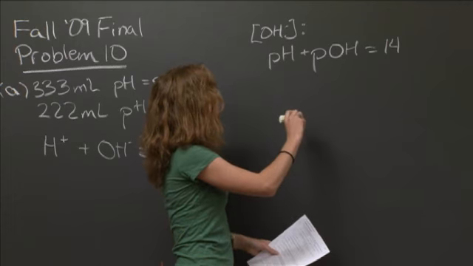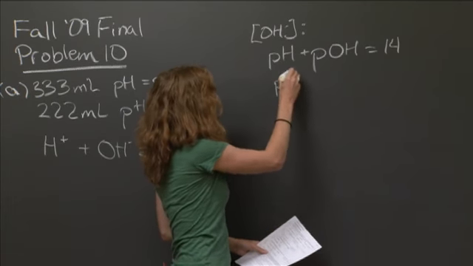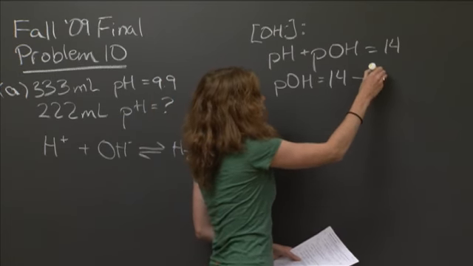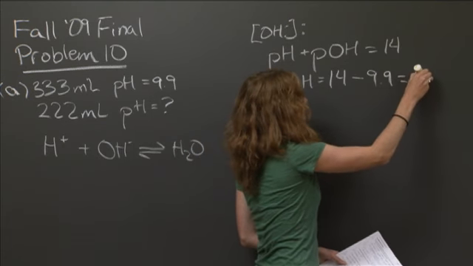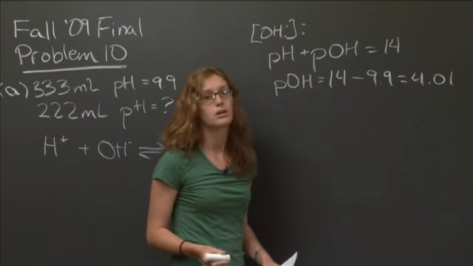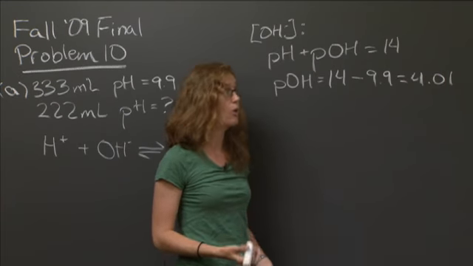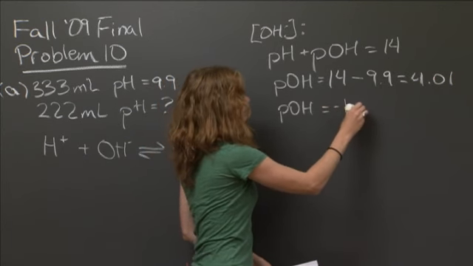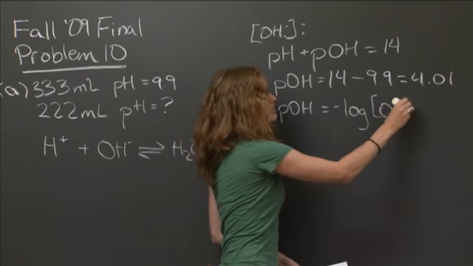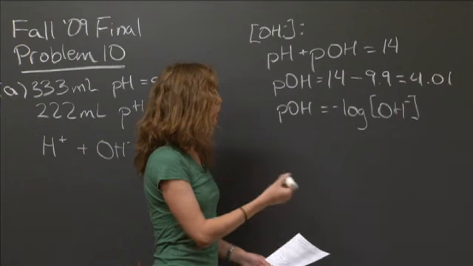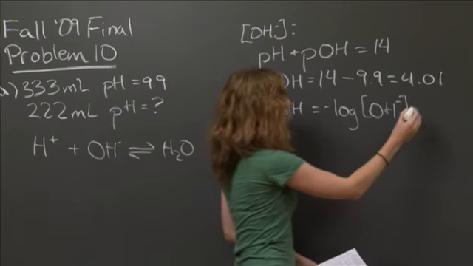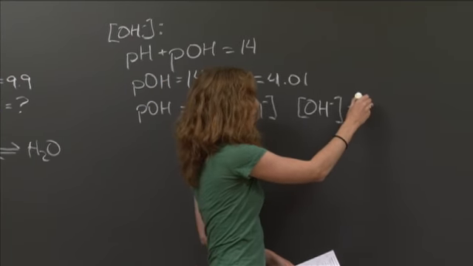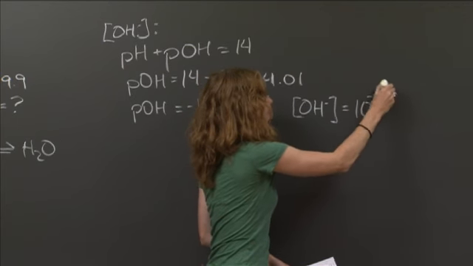And then we can figure out what the pOH is because we're given the pH of our initial solution, 9.9, and that equals 4.01. Now, using the definition of pOH, which is that the pOH equals the negative log of the concentration of OH, we can rearrange that and get that our OH concentration equals 10 to the negative pOH, right?